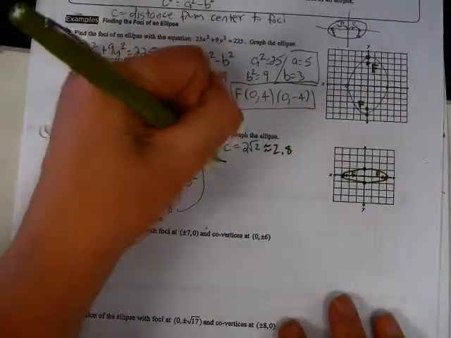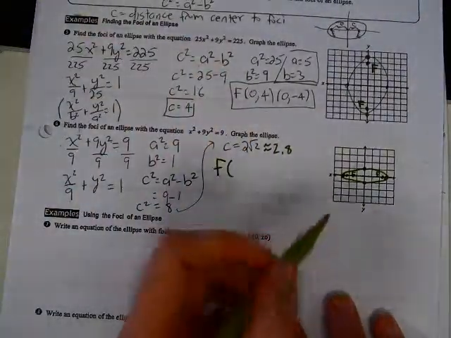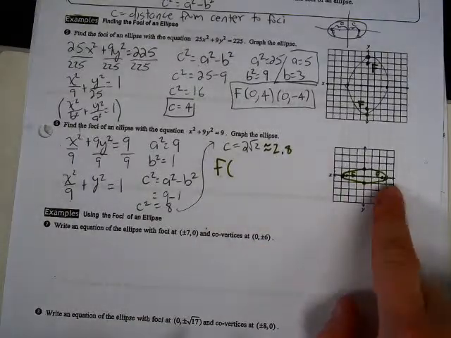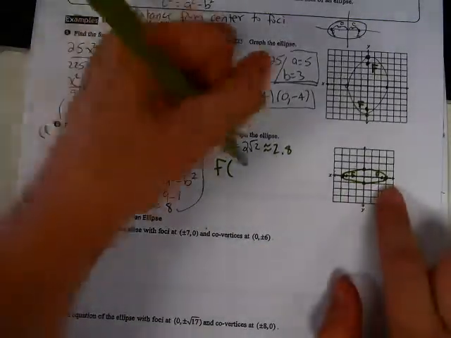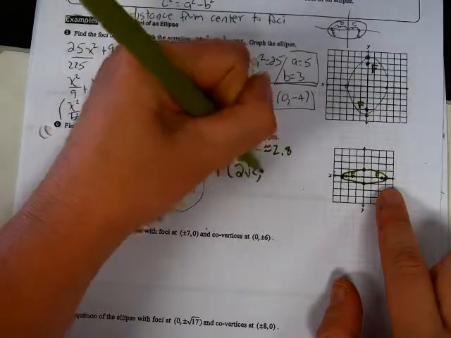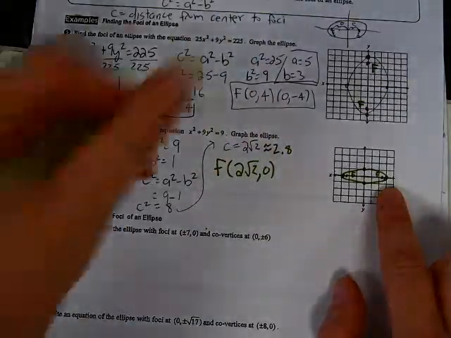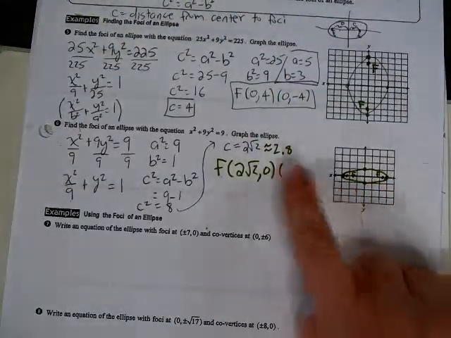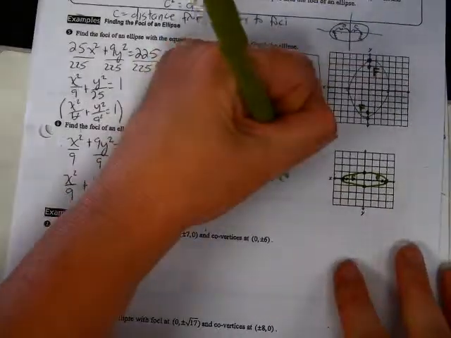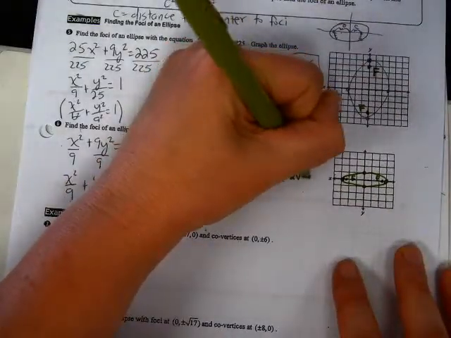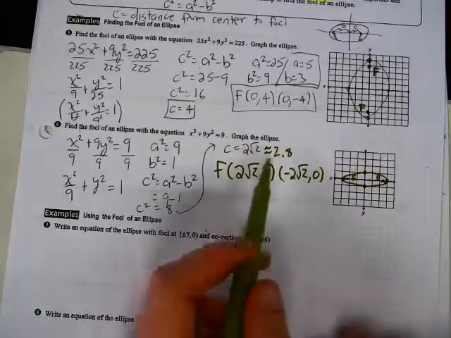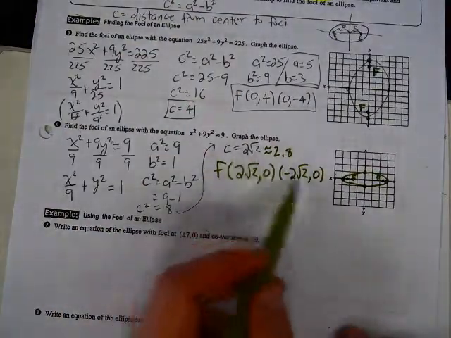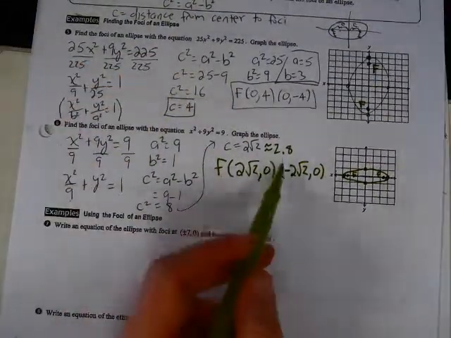The foci are 2 radical 2, 0, and negative 2 radical 2, 0. Don't write 2.8 comma 0. Use the real number. This is only good for graphing.